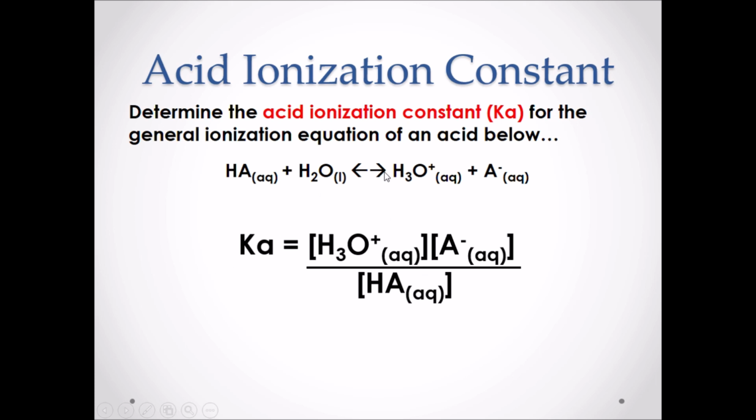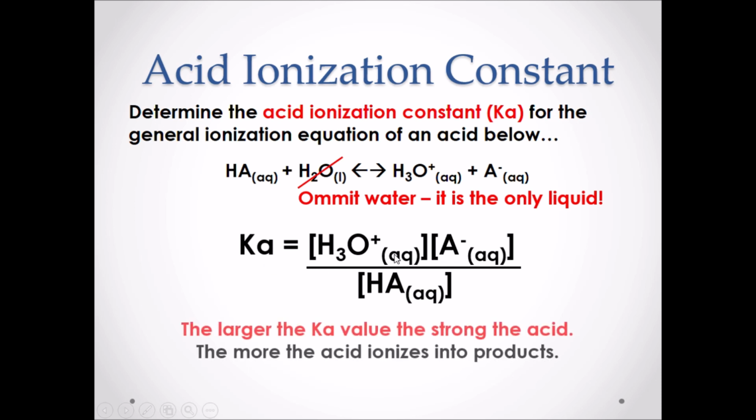The only chemical substance that isn't included in Ka is H2O. That's because it is the only liquid in the chemical equation. Therefore, it will not be included in the Ka expression. It's important to note that a larger Ka value represents a stronger acid.